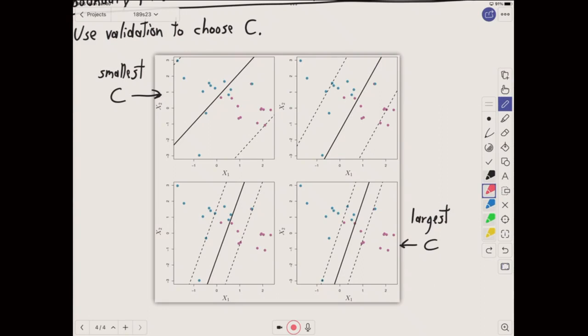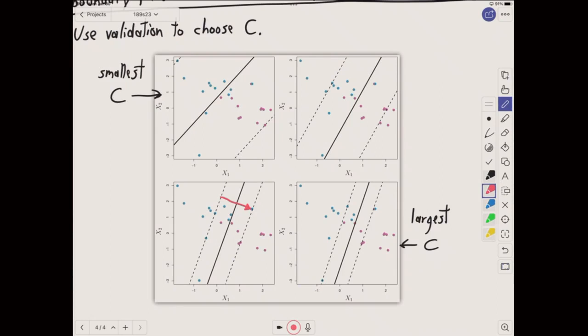So one way to think about slack is to pretend that slack is money that we can spend to buy permission for a sample point to violate the margin. So, for this sample point here, we have to pay this much slack, the length of that arrow, to allow that blue point to live on the wrong side of the decision boundary. The further a point penetrates the margin, the bigger the fine you have to pay. We want to make the margin as wide as possible in principle, like at the upper left, but we also want to spend as little money as possible on violated margins. So there's this trade-off.